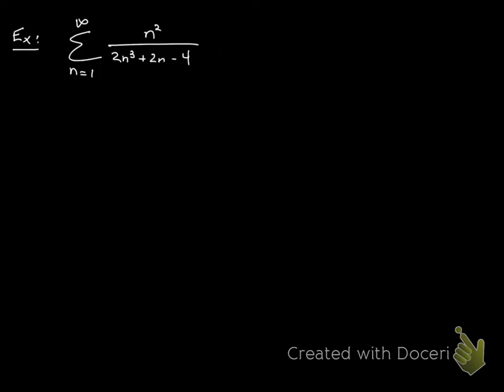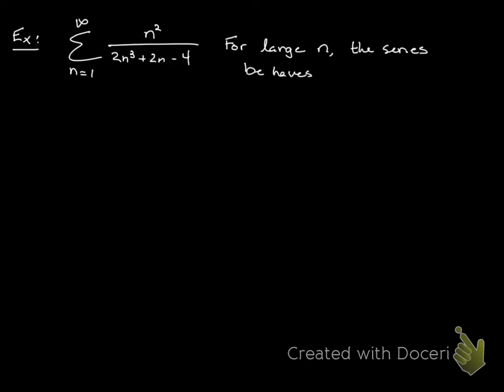Last one here, compared to something a little bit more wild: the sum of n squared over 2n cubed plus 2n minus 4. So another situation where direct comparison might not be so nice, right? What we look for here is what goes on for large n. For large n, how does this thing behave?